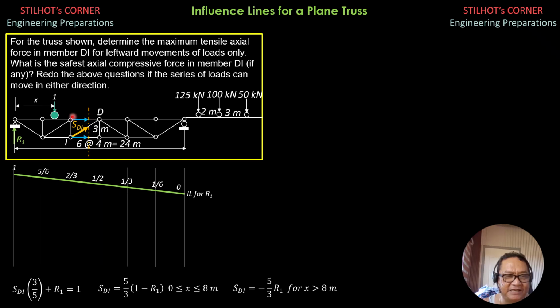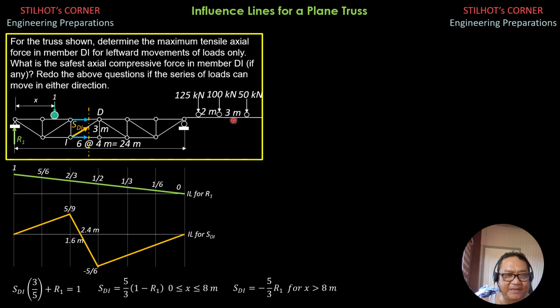Then when x is 12, negative 5/3 of 1/2 is negative 5/6. So 5 over 9 at this position of the unit load, then negative 5 over 6 at this position, as shown in the figure. Now, by similar triangles, I want you to verify that this is 1.6 and that's 2.4.